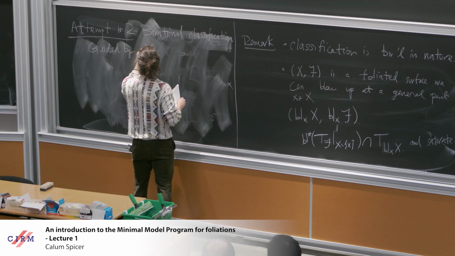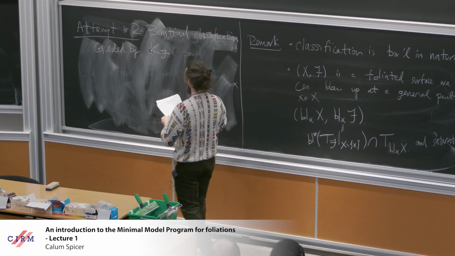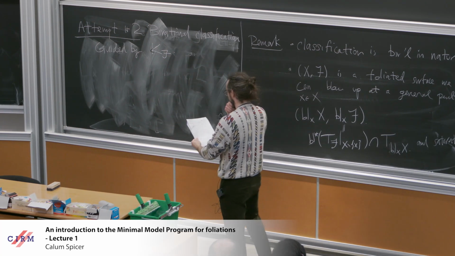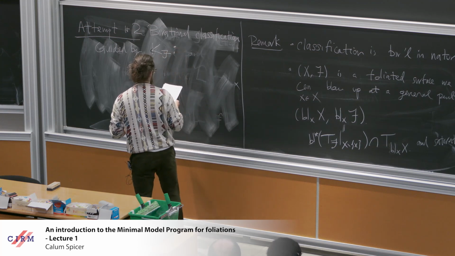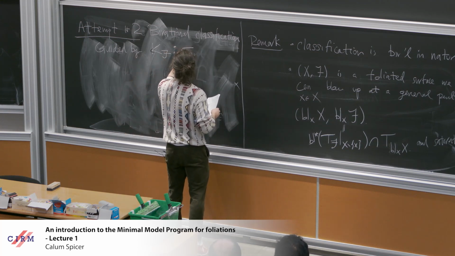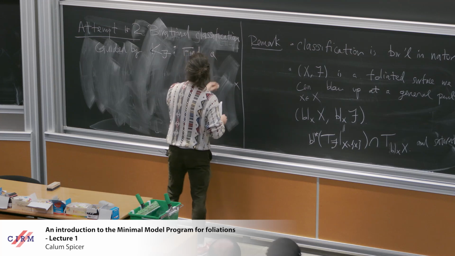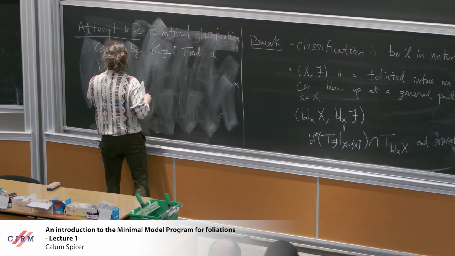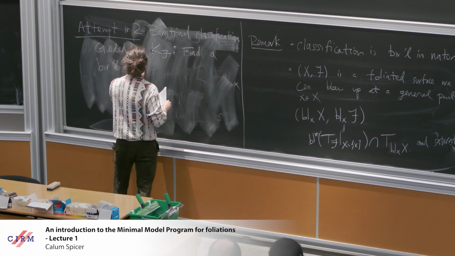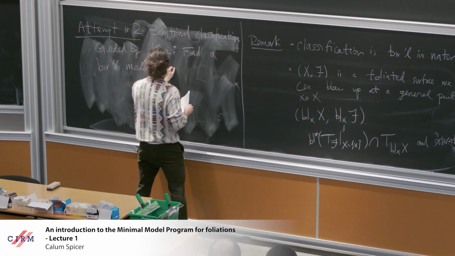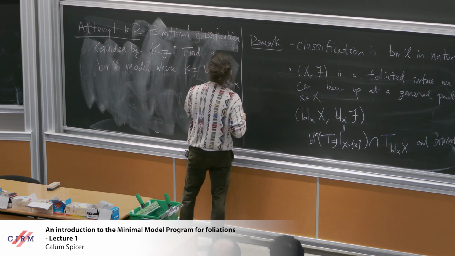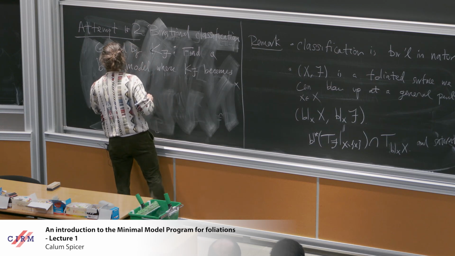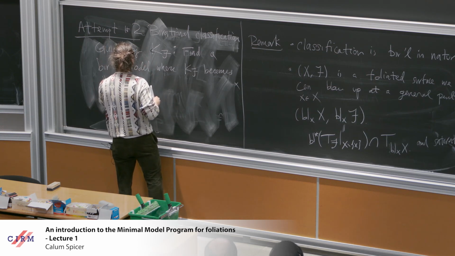Okay, and what does that mean? This is what we should do: we should find a birational model where KF becomes simple. And I'll explain exactly what I mean by this now.